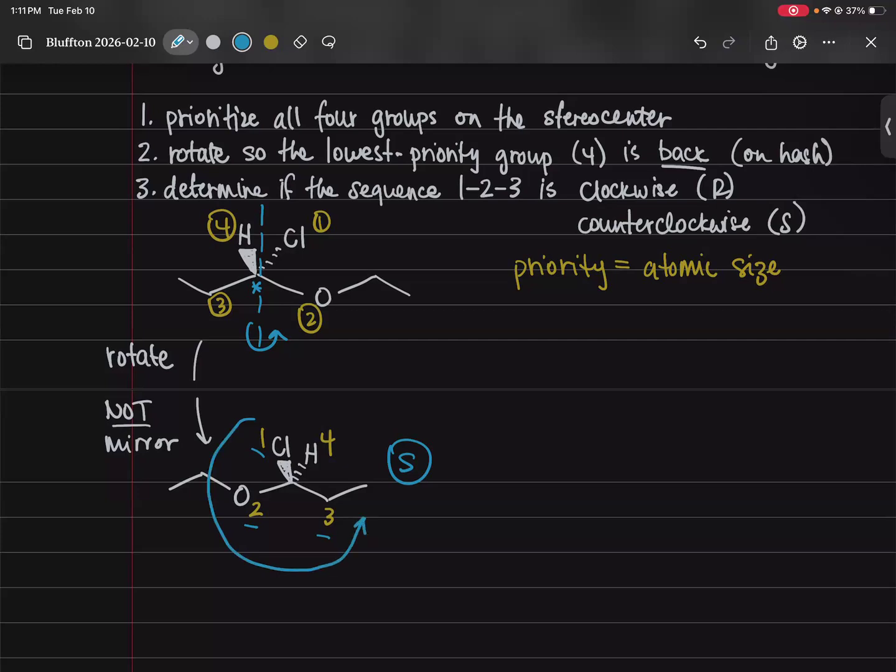And in increasing order, they go like that. That's counterclockwise. And so we have S configuration. Questions on how I got to that S answer?